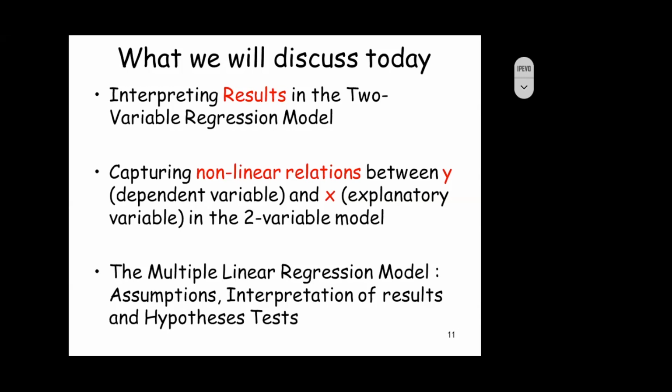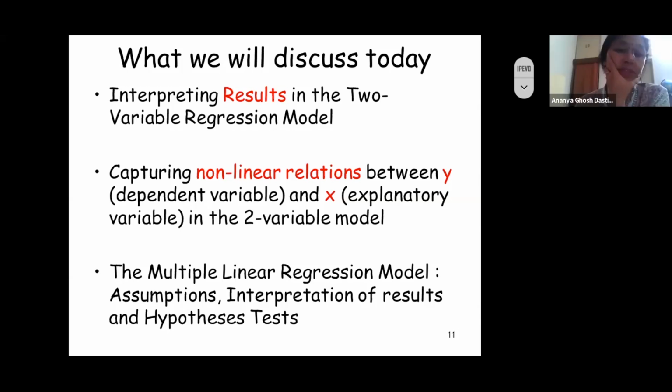Now, once I'm done with interpreting results, which is going to take a bit of time because there are several issues intertwined, we will go on to talk about models that can capture nonlinear relations between y and x in the two variable framework.